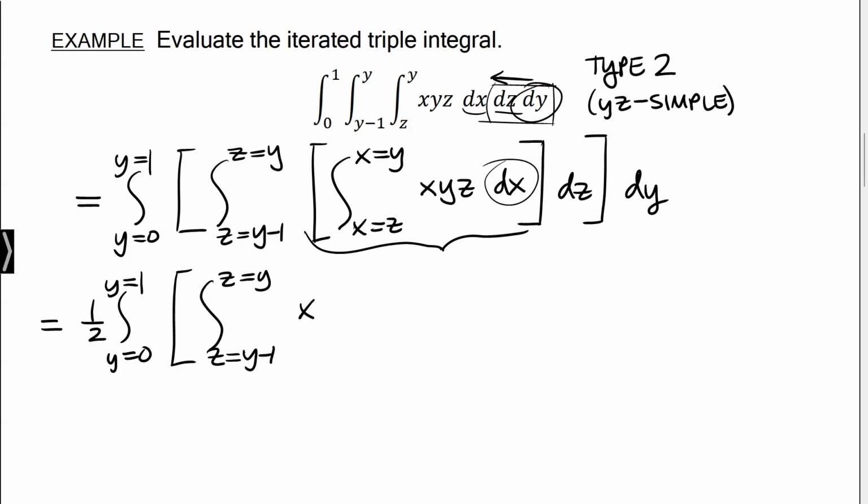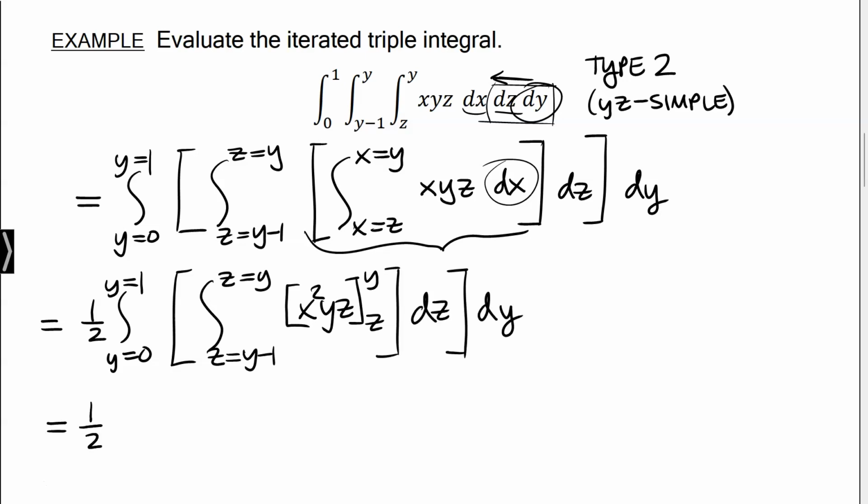And I've got x squared yz evaluated from z to y. So this is 1/2 the integral from 0 to 1, integral from y minus 1 to y.